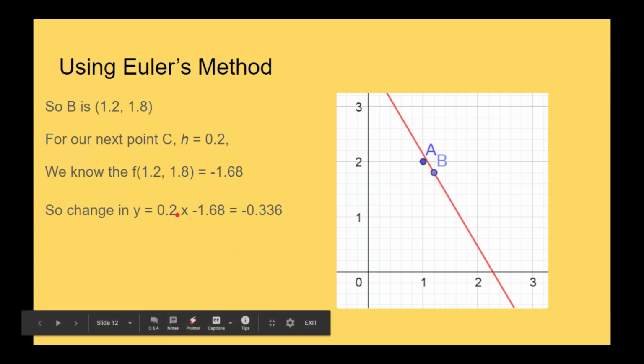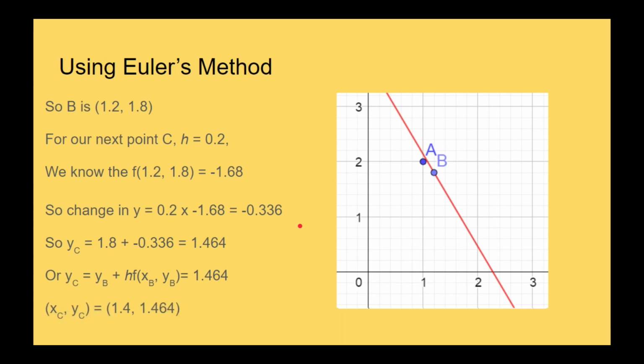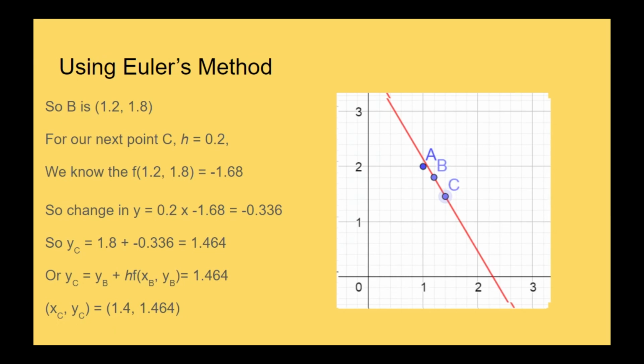It's step length times the gradient. So our new y value is going to be our old y value, our previous y value, plus step length times gradient. Now we've got our new y ordinate for point C. Point C, we can plot it on the graph now. So we've taken our second step.